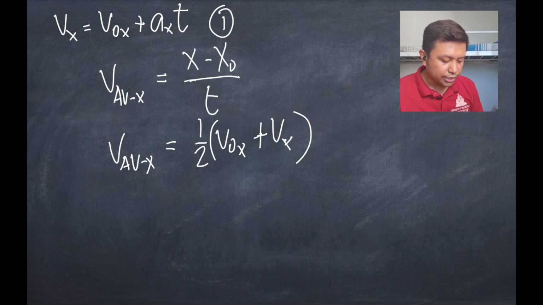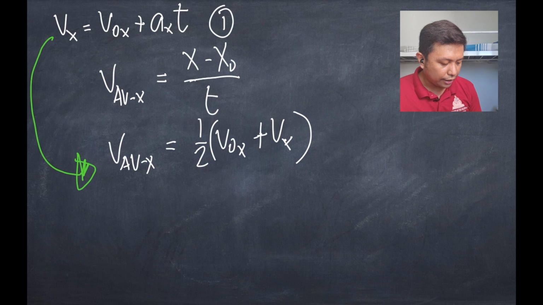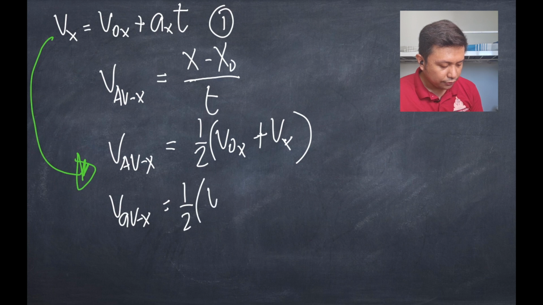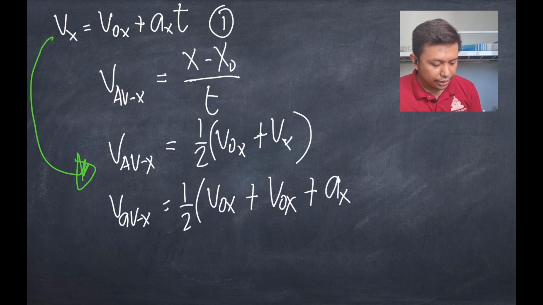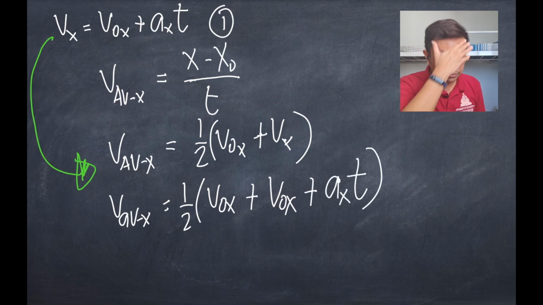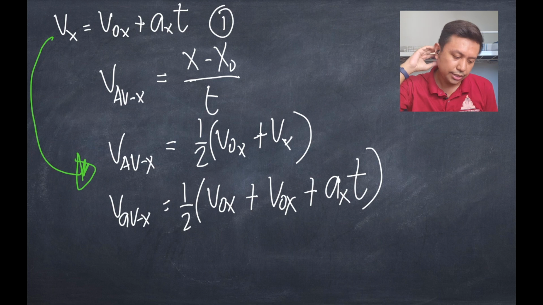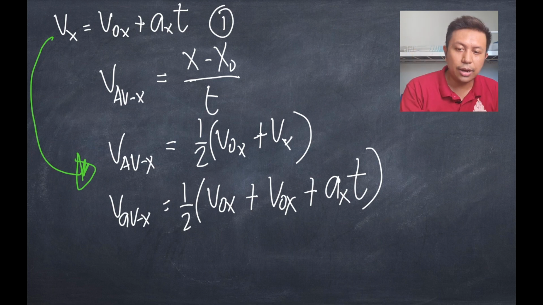In substituting this, we will now have v average in x is equal to 1/2 times v naught of x plus v naught of x plus ax times t. So we now have that.